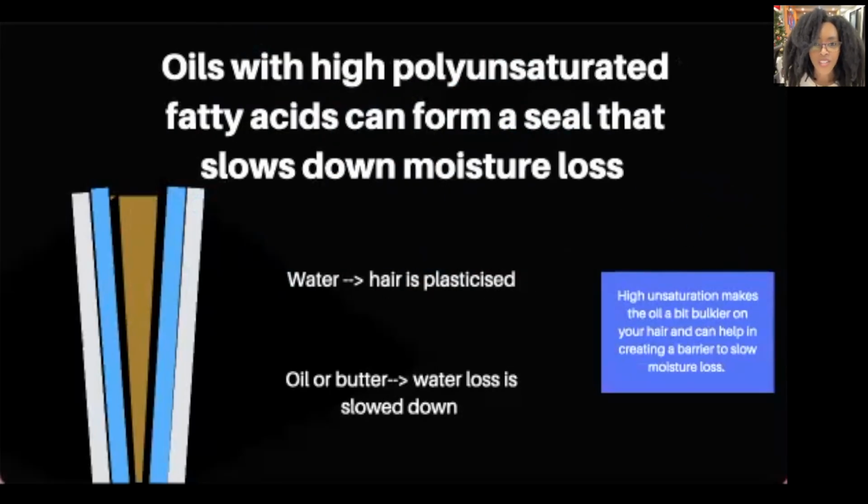Oils with lots of branching can create a barrier on your hair that slows down moisture loss. With kinky hair, you might have heard before, it's good to keep your hair moisturized. Having more moisture in your hair actually helps it to break less. So that's why these types of oils can be helpful.